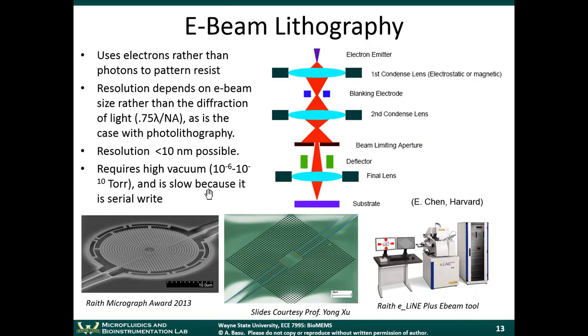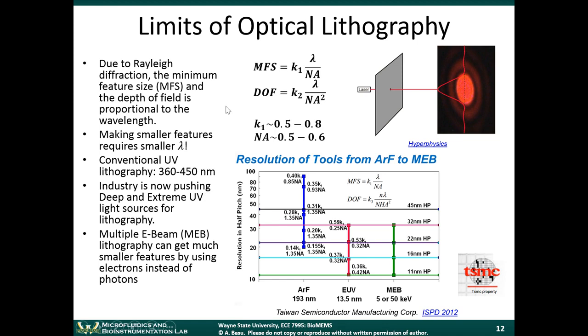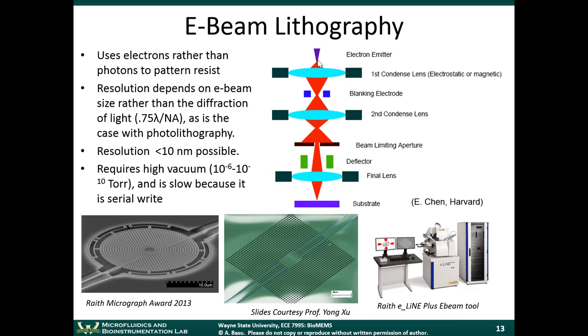So one way to work around this, and it's not the perfect solution because, as we'll see, E-beam lithography is a serial write process, is to get around the diffraction problem. Since diffraction is limited by the wavelength, as we can see here, how can we get something with a very, very small wavelength? Well, it turns out that electrons, if you use electrons instead of photons, can have much smaller wavelengths, equivalent wavelengths in the angstrom range.